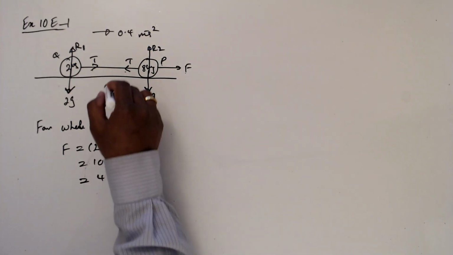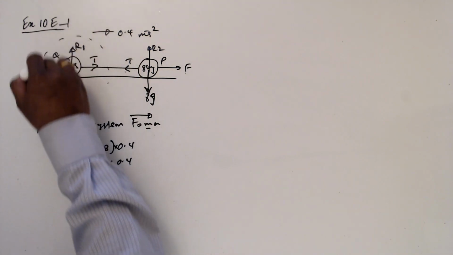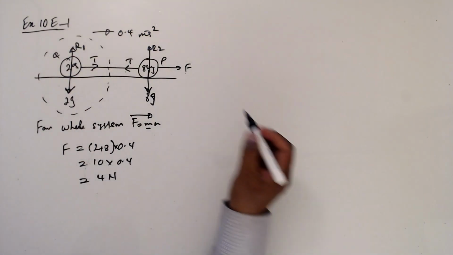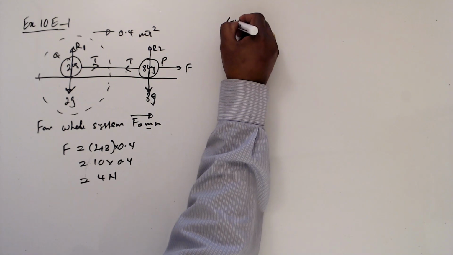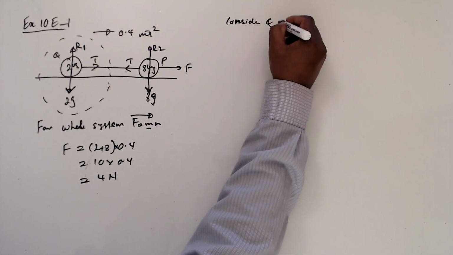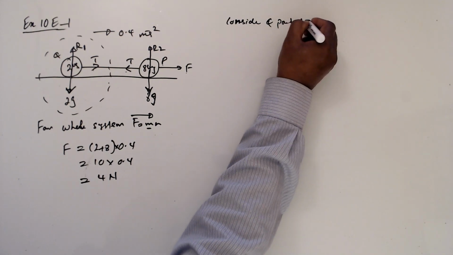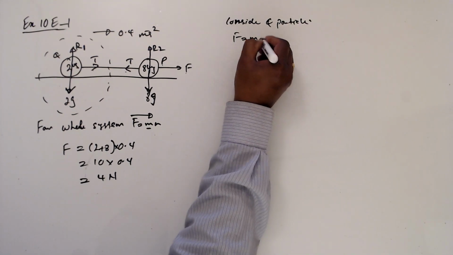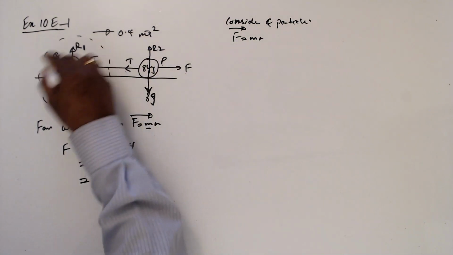The other option is we have to consider separately. So we'll work separately. Consider Q particle. So F equals ma when we put here for this particle.